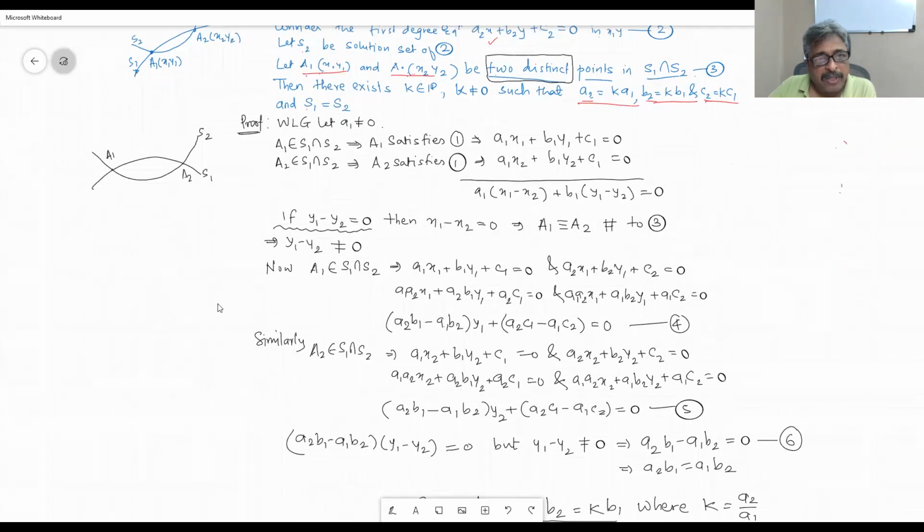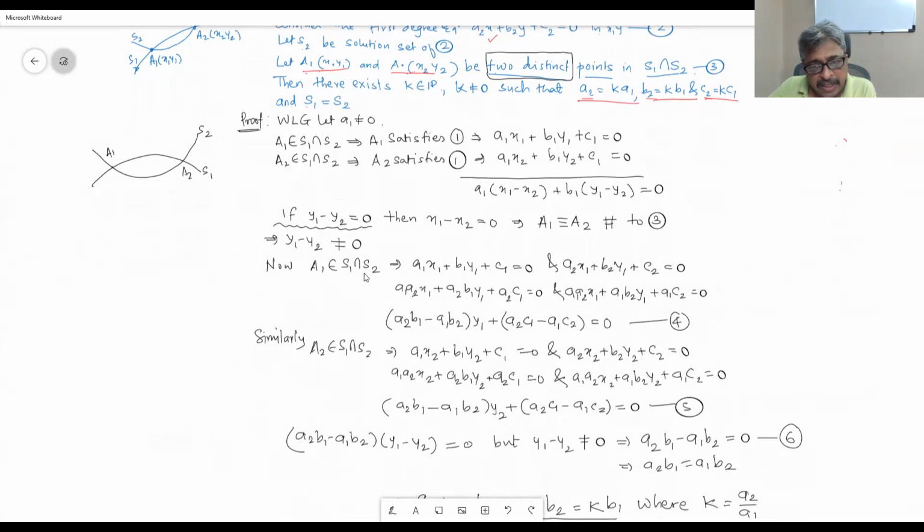Now, A1 belongs to the intersection, therefore A1 satisfies both the equations: A1x1 plus B1y1 plus C1 is equal to 0, and A2x1 plus B2y1 plus C2 is equal to 0. Here we will try to eliminate x1, and if we want to eliminate x1, we multiply first equation by A2, second equation by A1, and subtract.